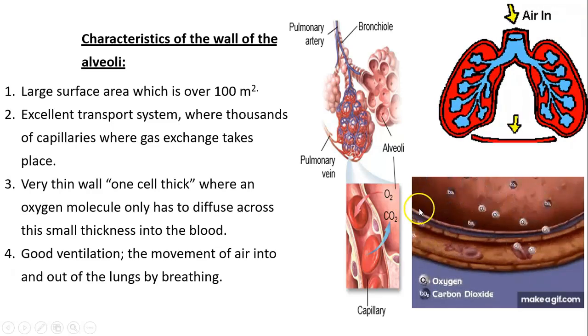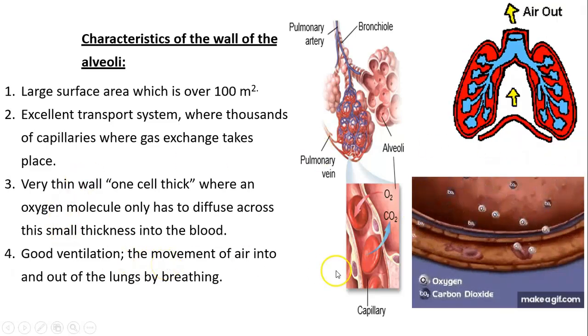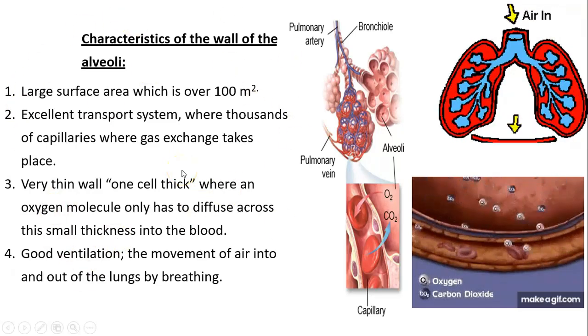They are not above each other, just one layer of cells all around. Good ventilation to allow the movement of air, of course, because air gets pushed inside and ends up in this air sac, so it has great ventilation. Now, if you apply all those characteristics to the characteristics of the gas exchanging surface, you will find them exactly the same.